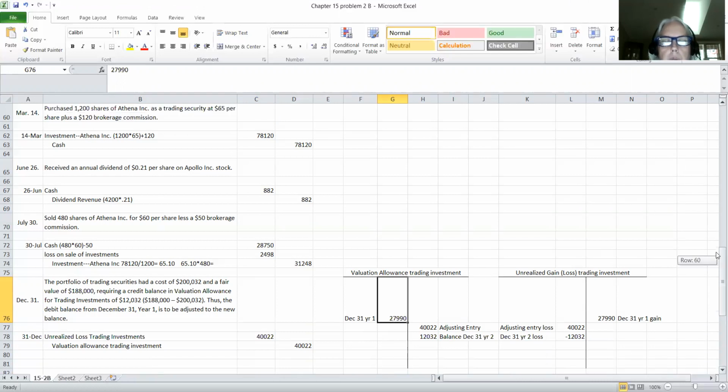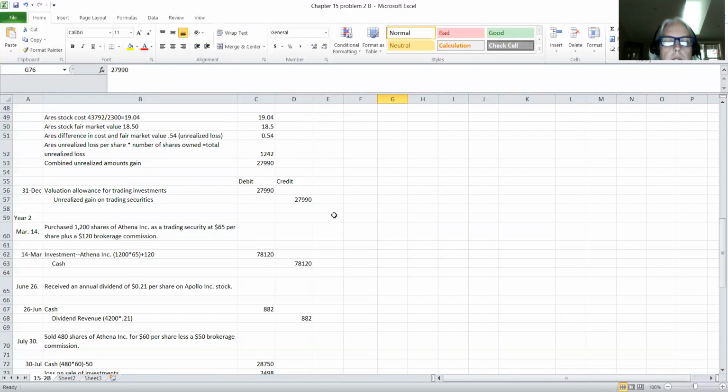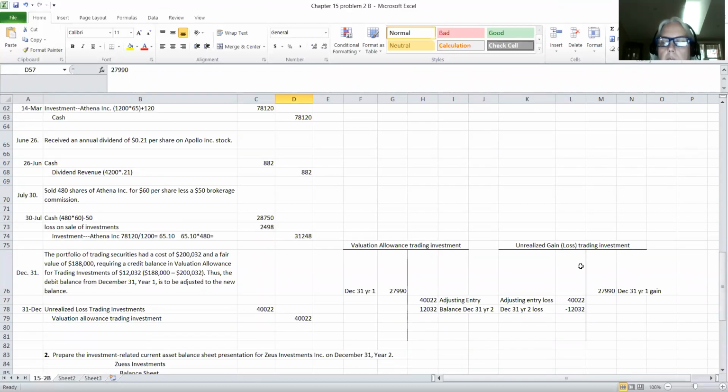We also know from last year that we had an unrealized gain on the trading securities at $27,990. So what I did is I combined an account here. I hope this doesn't confuse you, to save some time and to hopefully help you to understand what's going on. There would be an unrealized gain account that would have been credited for $27,990 at December 31st of year one.